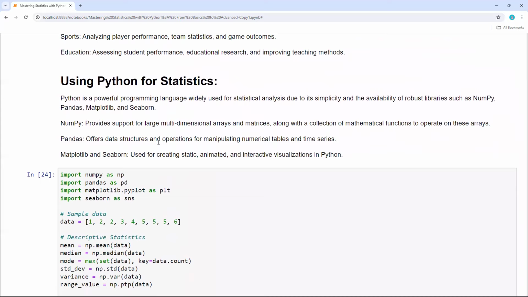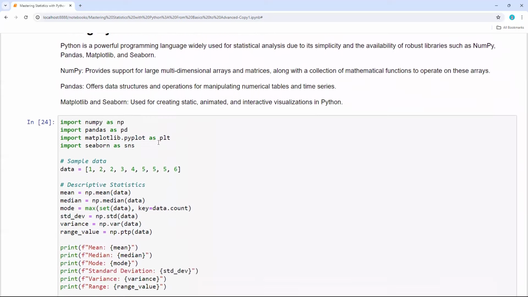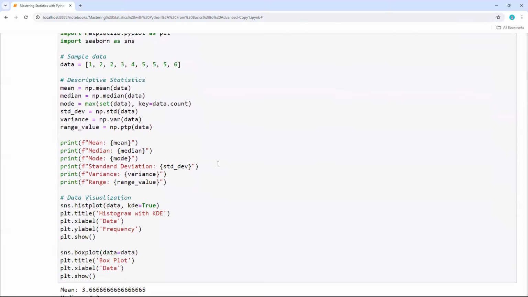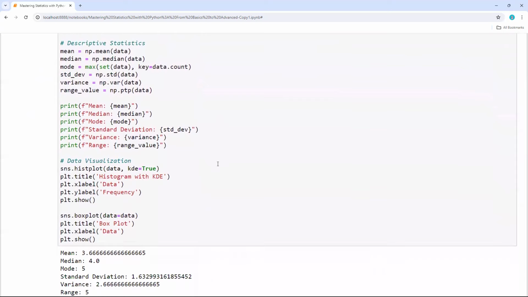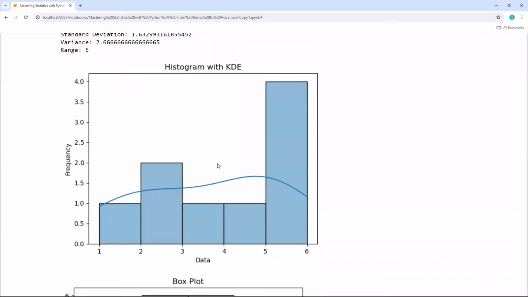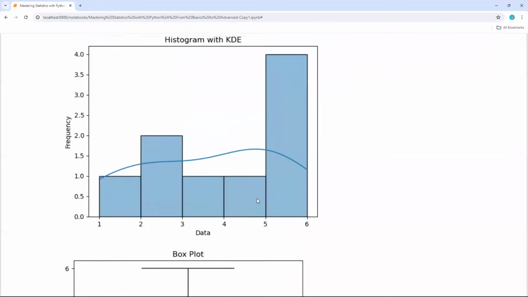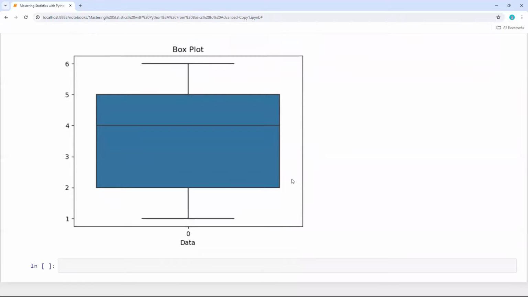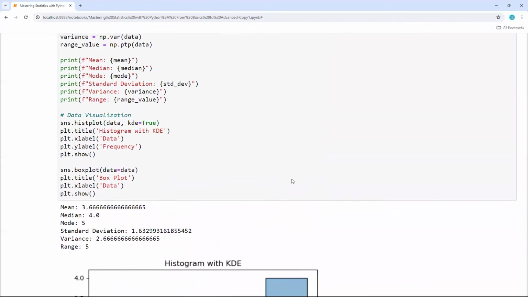NumPy provides support for large multi-dimensional arrays, as we discussed in a separate video, and Pandas and Matplotlib also. Same thing we discussed above: I have just taken one sample and calculated mean, median, mode, standard deviation, and variance, with the box plot and a normal histogram. So this is about statistics.